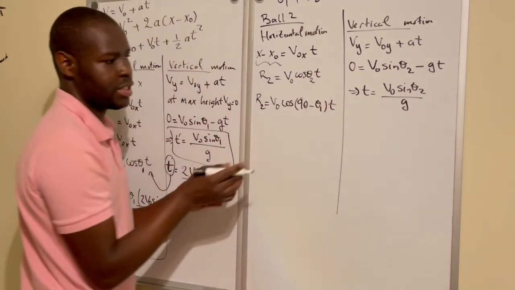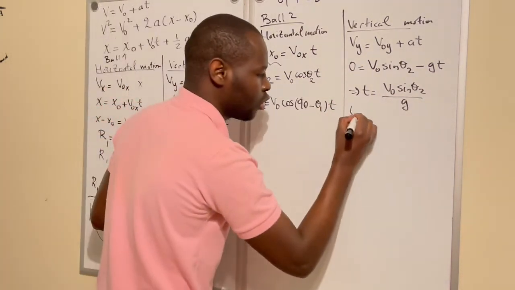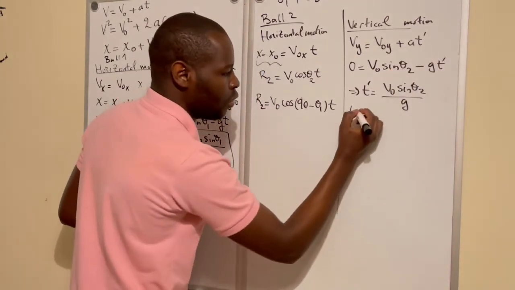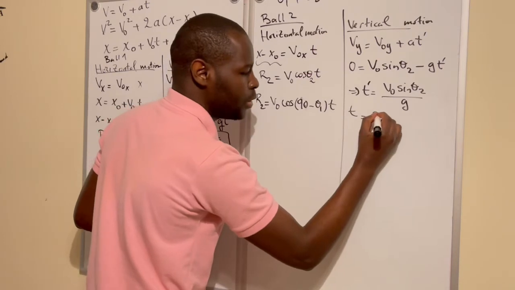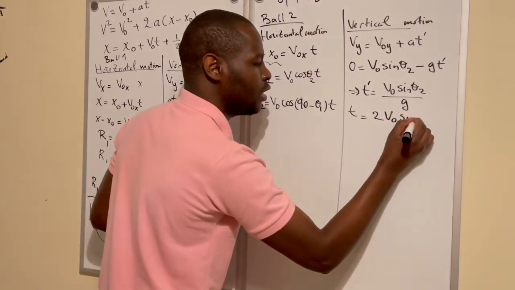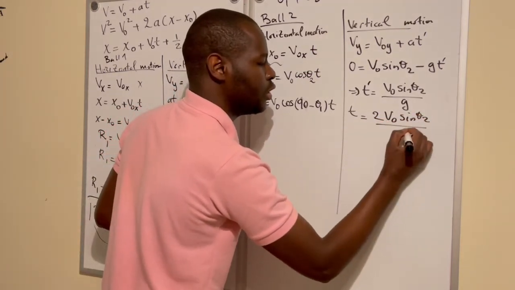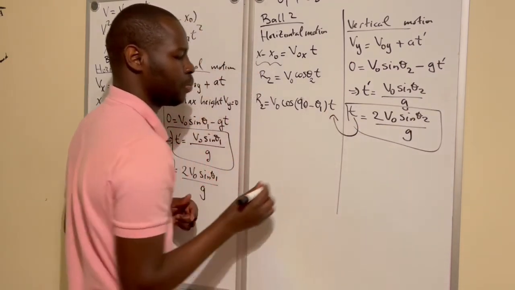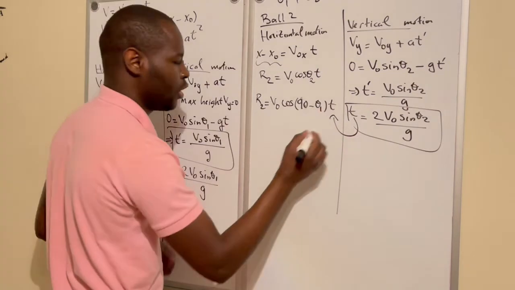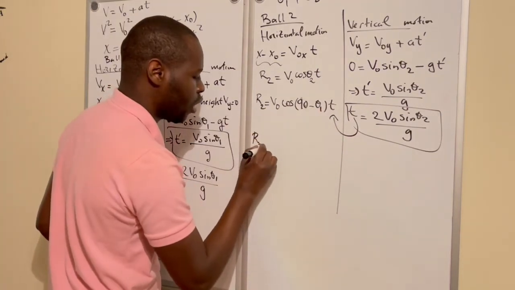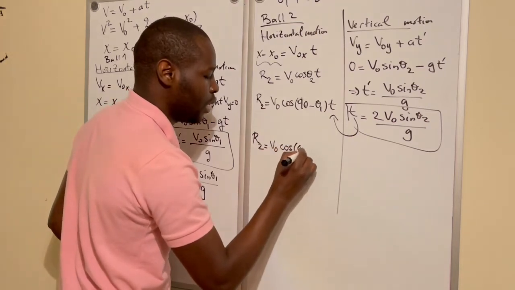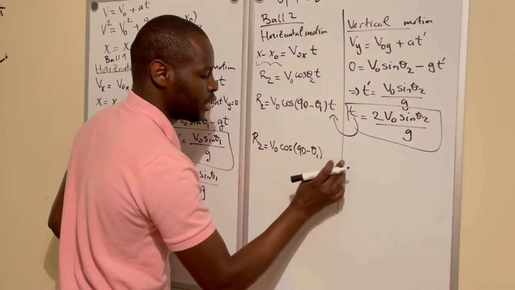Now again, this is just half the time, right? So the total time, we could call it t prime, maybe. So the actual time would be 2V0 sine theta 2 over g. This is the same time that the ball takes to cover R2. So go ahead and substitute. R2 equals V0 cosine of 90 minus theta 1 times t.